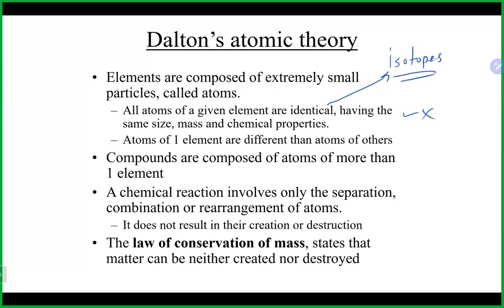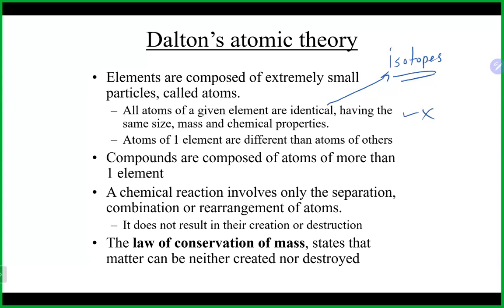Isotopes are basically the same element, but they have different masses, which means obviously they're not identical. If you have 2 isotopes that are the same element but have different masses, the different mass is a result of having different numbers of neutrons, for example, but they are still the same element.